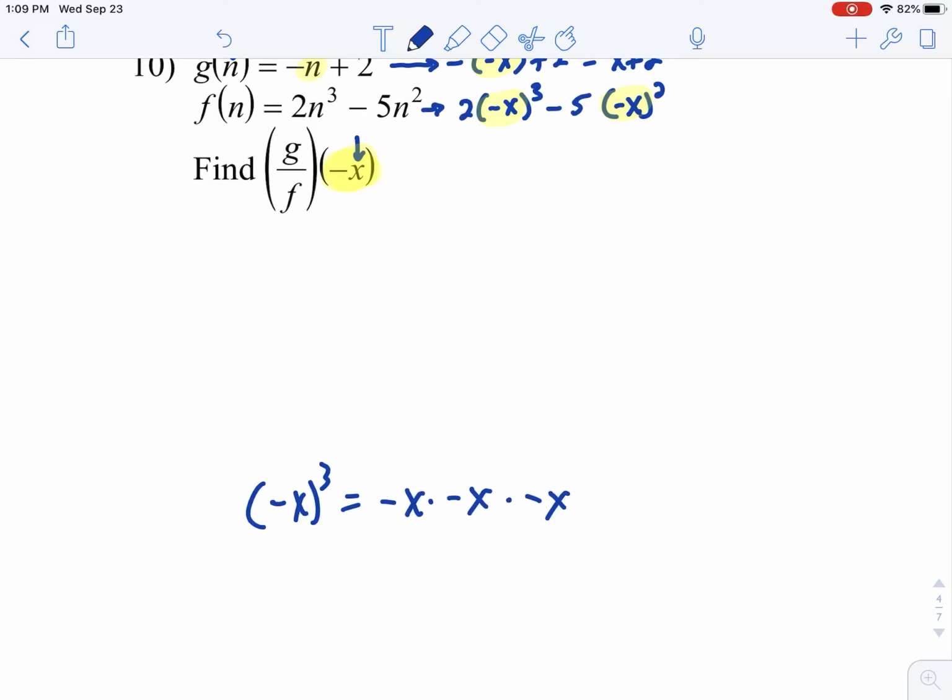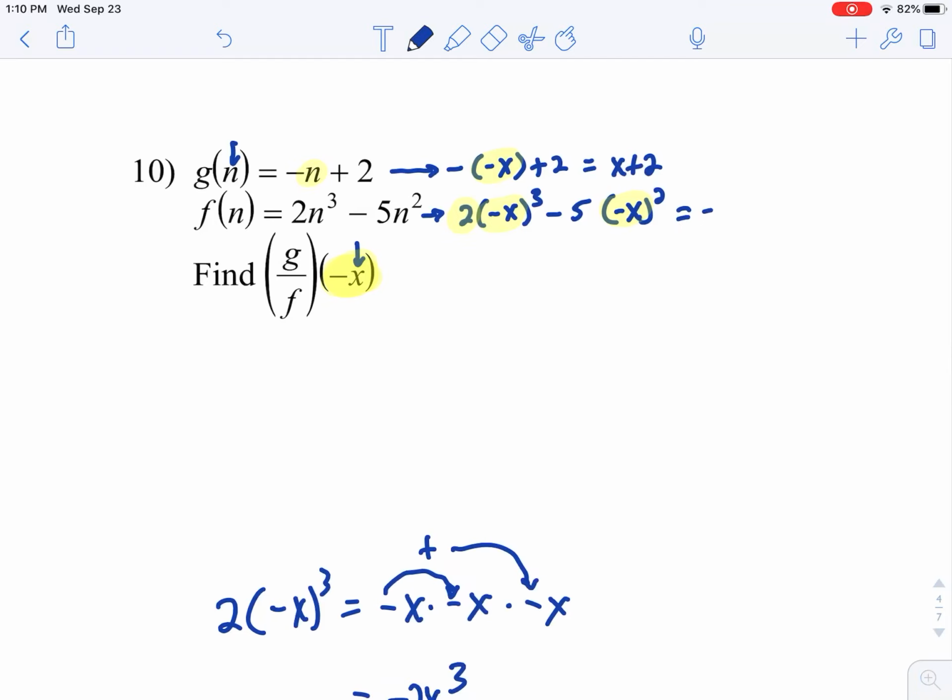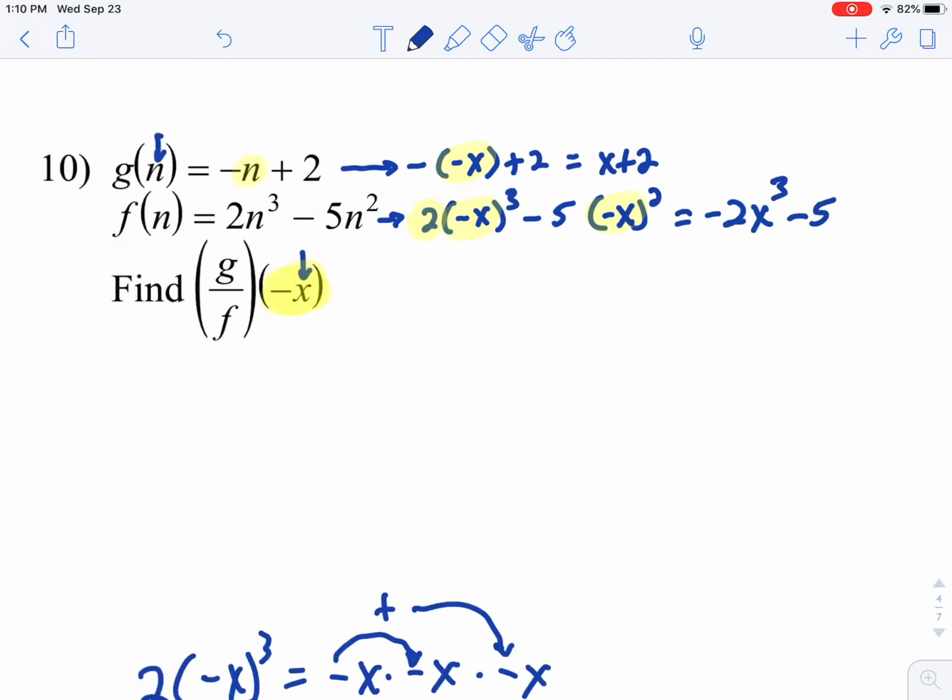When you multiply two negatives together, they turn positive, but when you take that positive times another negative, it goes negative again. X times x times x is x cubed. Now all of that is multiplied by 2. So if I multiply this by 2, I get -2x cubed.